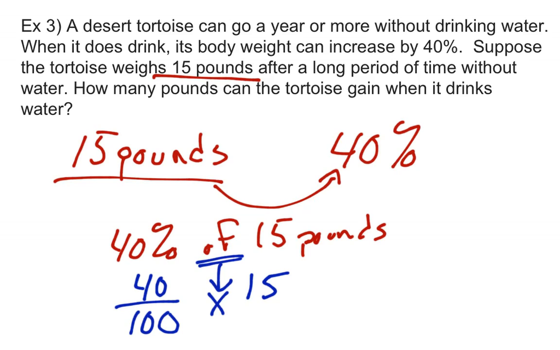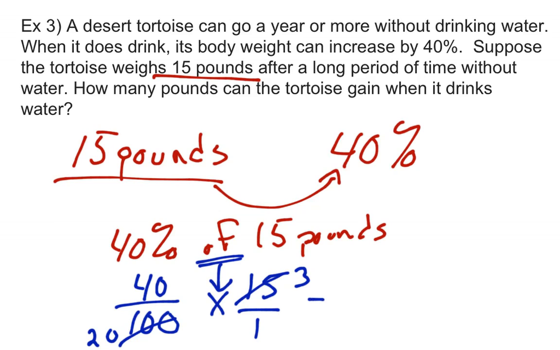But remember, 15 is a whole number, and we can write any whole number as a fraction by writing it over 1. Then, when we're multiplying fractions, remember we're going to reduce. I see that we can reduce the 15 and the 100 by dividing by 5, and we get 3 over 20.